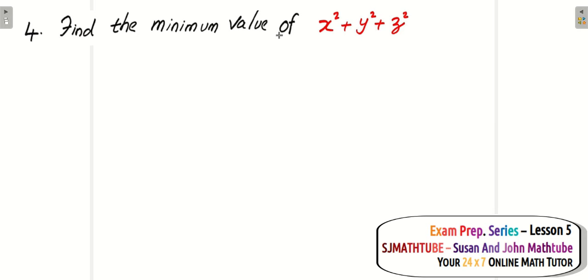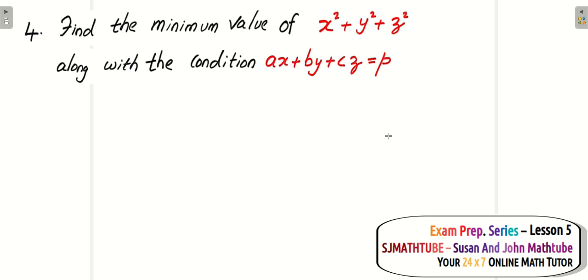Find the minimum value of x square plus y square plus z square along with the condition ax plus by plus cz equal to p. Okay, the condition looks a little bit weirder than the last two questions.